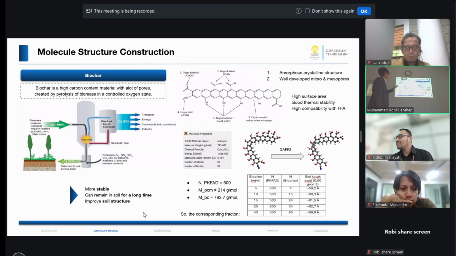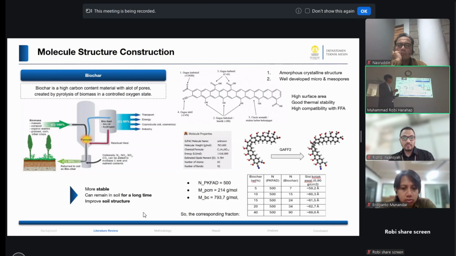Okay, now this is the interesting part. Biochar has a lot of functional groups, or gugus fungsi. What we're interested in is the carboxyl, carbonyl, and also hydroxyl. These groups are categorized as polar. Polar means that, like here in carbonyl, C and O have a difference in charges, where O is relatively more electronegative. So it pulls electrons more, which makes it more negative, while C is more positive.